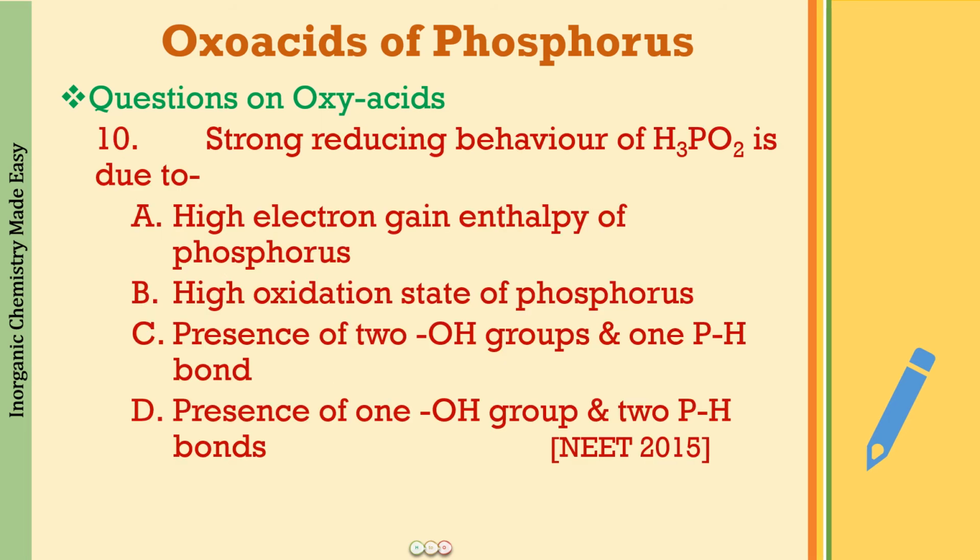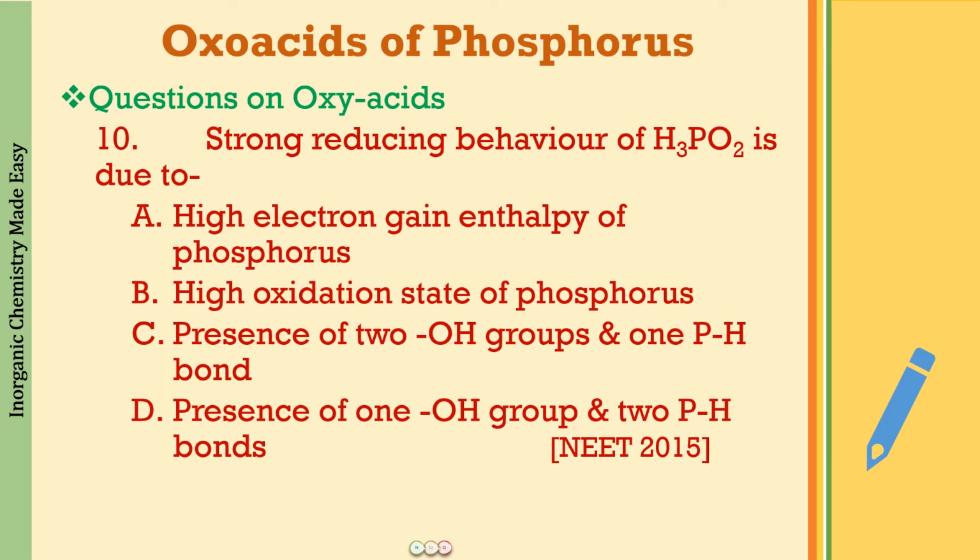The next question: the strong reducing behavior of H3PO2 is due to, I think we have done it so many times now, you will be able to quickly write down the answer. High electron gain enthalpy of phosphorus, high oxidation state of phosphorus, presence of two OH groups and one PH bond, presence of two OH groups and two PH bonds. And the correct answer you have to tell.